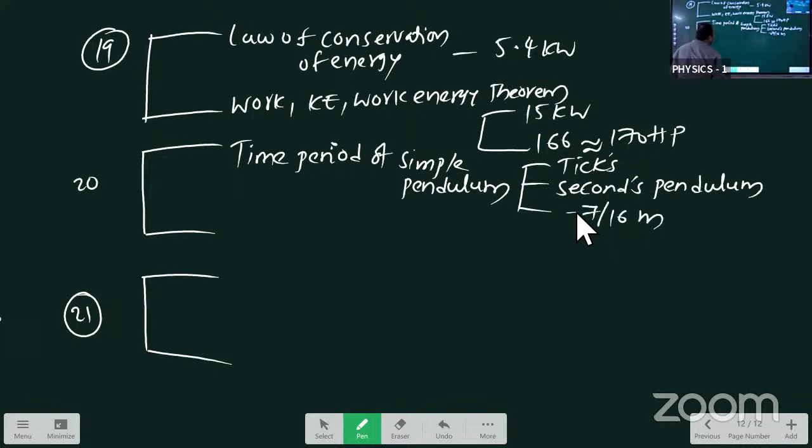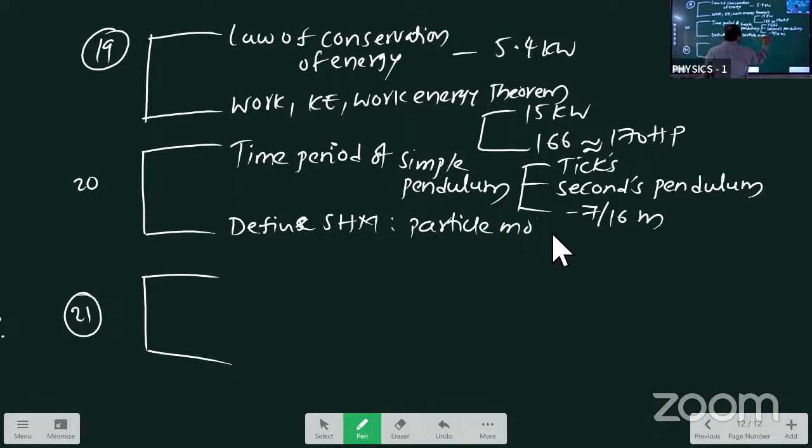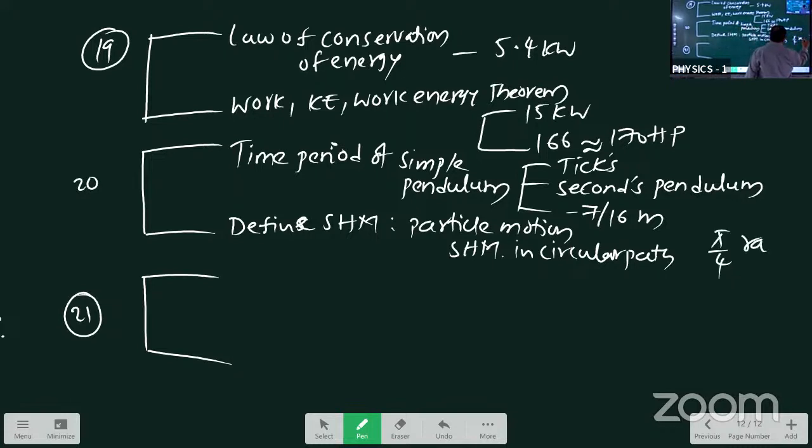Three cases come for the simple pendulum time period equation. Next to today's topic: define SHM, particle motion in SHM with respect to diameter, in a circular path. What is the problem? 5/4 radians, how much phase difference? This is question number 20, students.